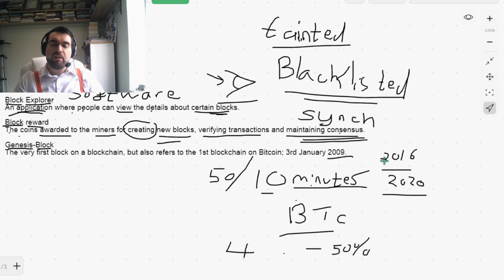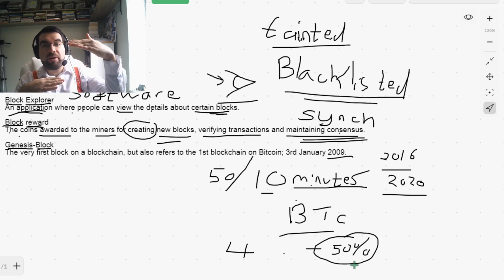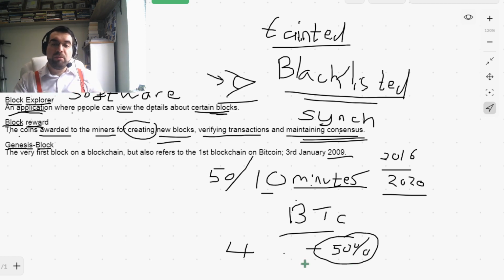So the idea is, the more people that mine, the more the block reward is cut in half. It's cut in half to accommodate for the increased hashing power. Otherwise, people with loads and loads of hashing power, mining speed, would be able to just mine 50 Bitcoin every 10 minutes, no matter where the price is.